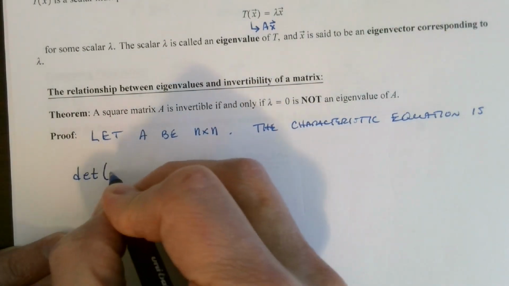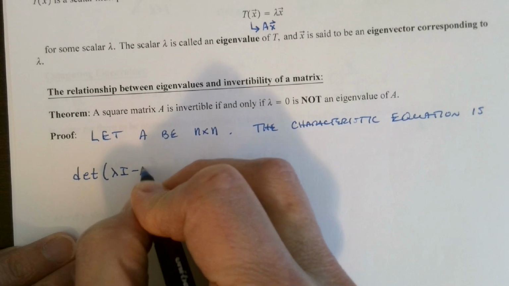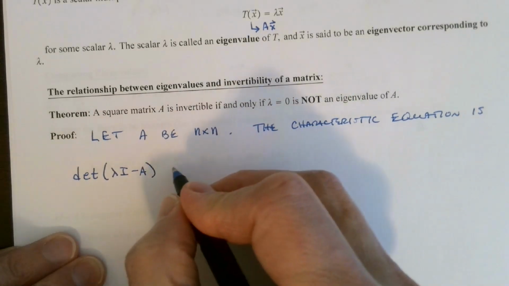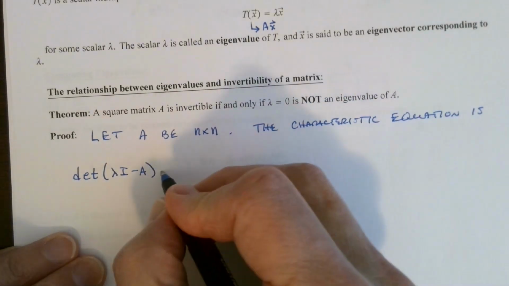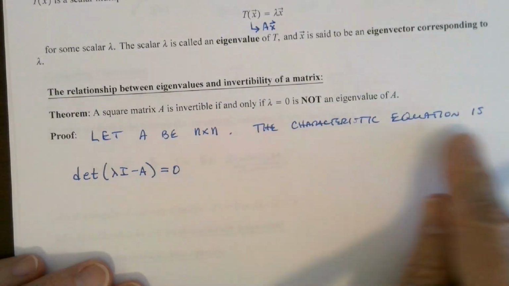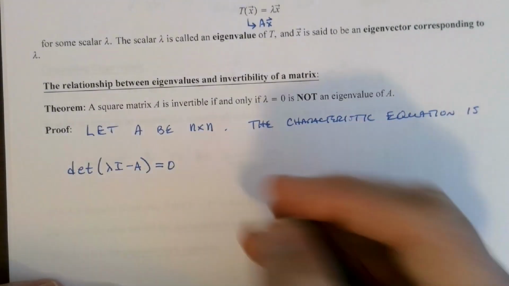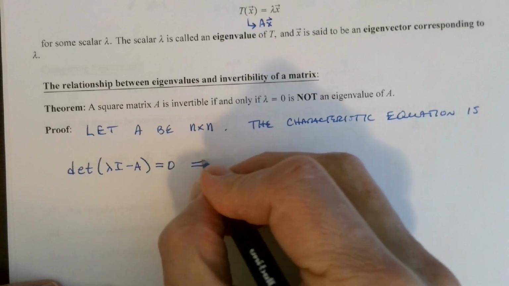So in general, if it's n by n, the characteristic polynomial is determined by the determinant of lambda I minus A. The characteristic equation is just setting that characteristic polynomial equal to 0. And what's that going to look like?